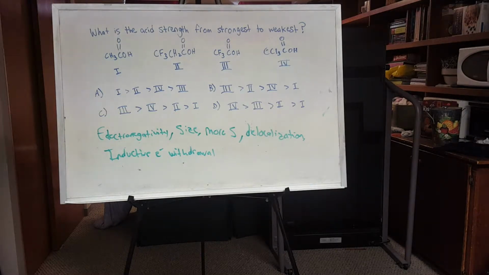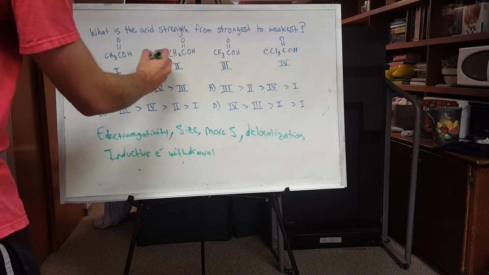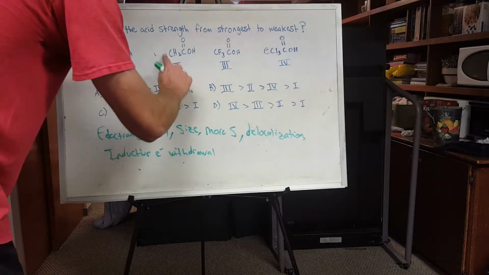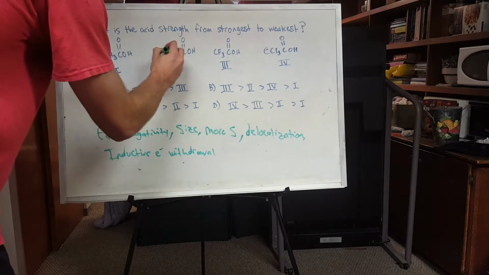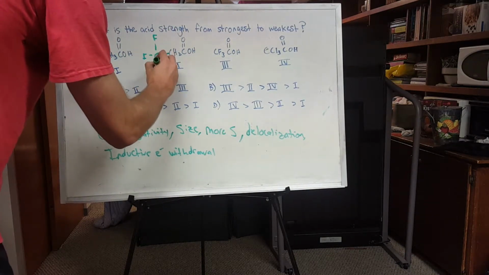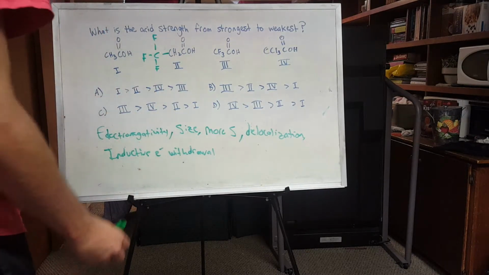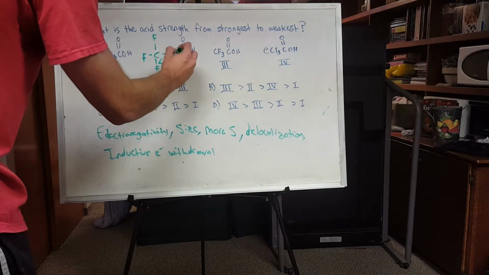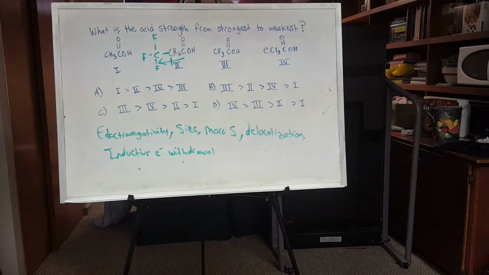So there's no resonance in this compound, but for example, let's write this as a carbon with 3 fluorines on it, and fluorine is really electronegative. So the electron density of this molecule goes over this way, right?